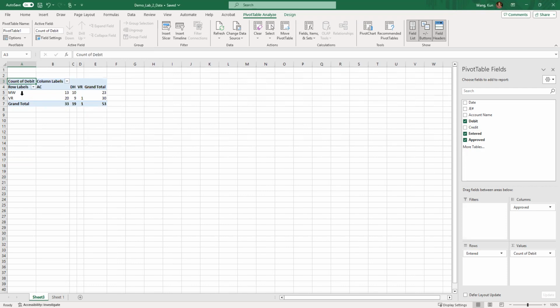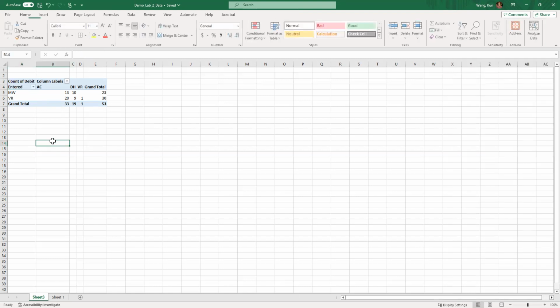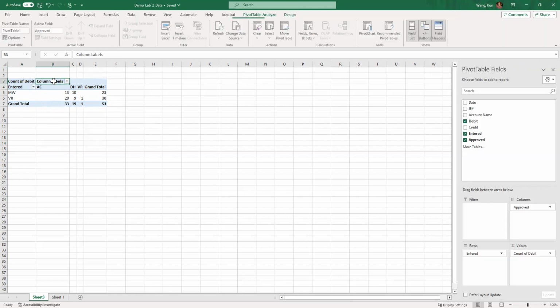As a reminder to yourself, the rows here are the person who entered the transaction. So we have two, MW and VR. Those are the persons. And if you want to give a reminder, you can change the label to show the person who entered the transaction, and the column is Approved.